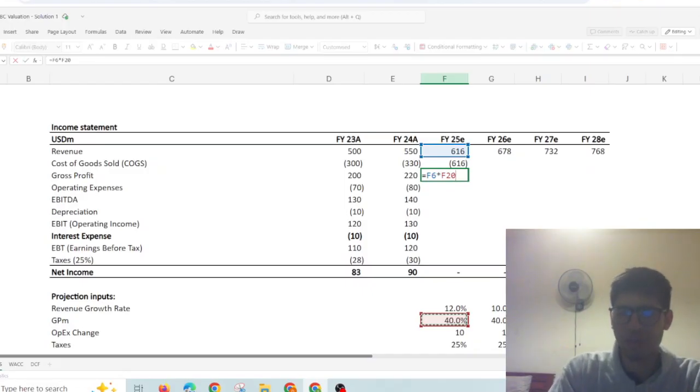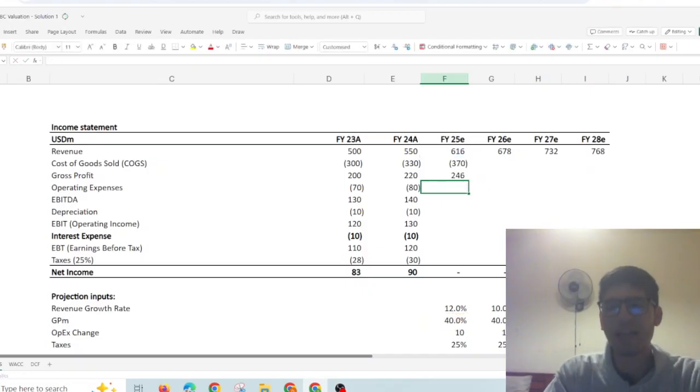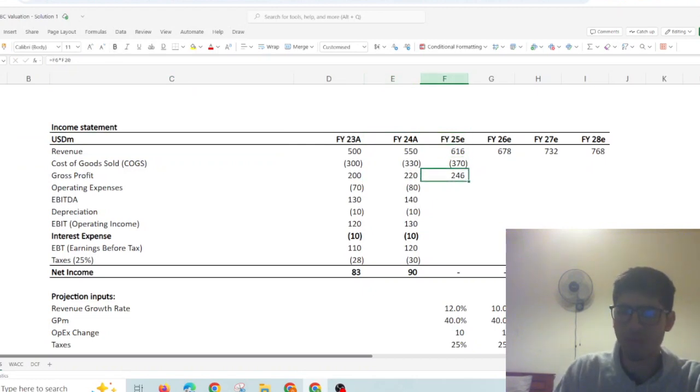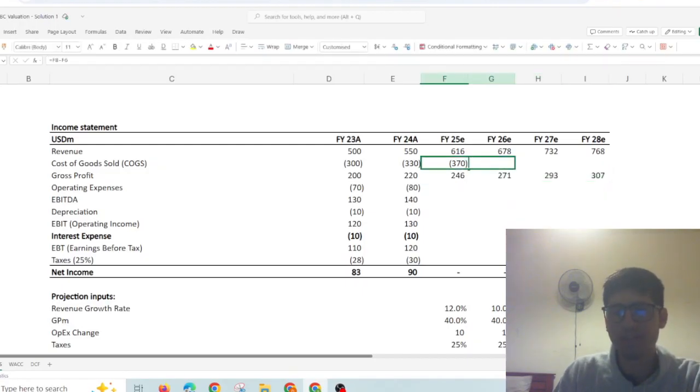Here, the gross profit margin of 2025 times the revenue of 2025. As you can see, this is the gross profit, $246 million. Remember, it's in USD million dollars. Okay, anyways, I'm going to continue. I'm going to scroll or autofill, as you can see, and let me autofill this cost of goods sold. So now I forecasted all this.